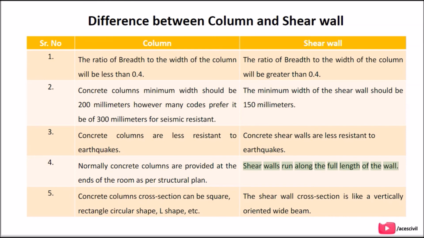Shear walls run along the full length of the wall. 5. Concrete column cross-section can be square, rectangle, circular shape, L-shape, etc. The shear wall cross-section is like a vertically oriented wide beam.